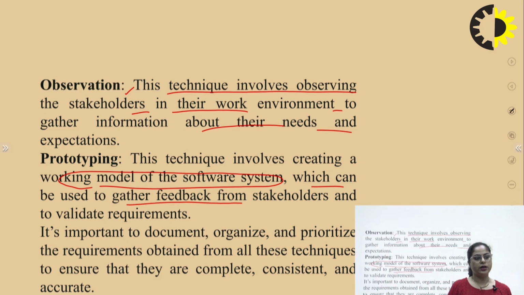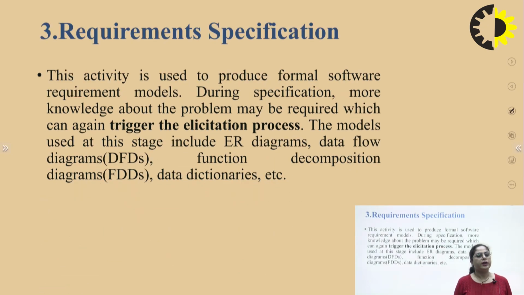It's important to document, organize and prioritize the requirements obtained from all these techniques to ensure that they are complete, consistent and accurate. Requirement specification. What is requirement specification? This activity is used to produce a formal software requirement model.